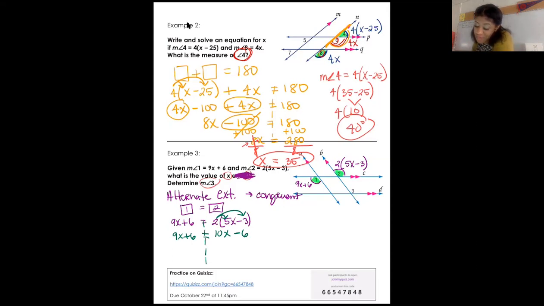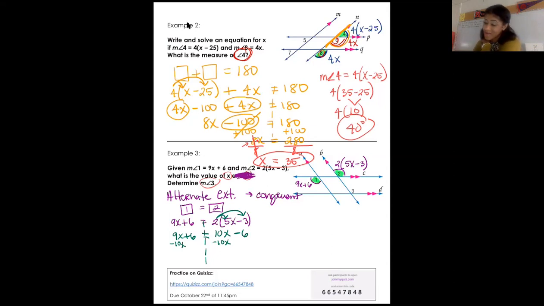Now, the beauty about algebra is you could do it multiple ways and get the same answer. But if I subtract, don't write this down, just look. If I subtract 10x and 10x, 10 is bigger than 9, so I'm going to get a negative on that side.